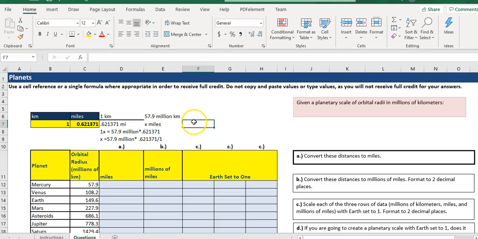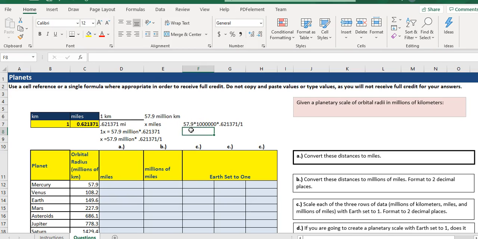So my final result, I have to come up here and type that, is going to be the 57.9 times 1 million times the 0.621371 divided by 1. That's what I'm going to be typing in this location, except I'm using cell references.